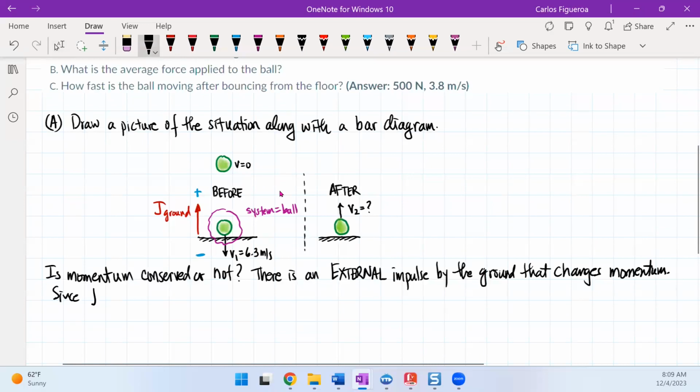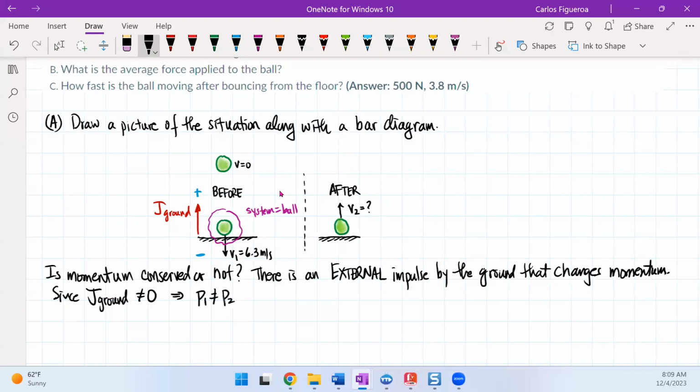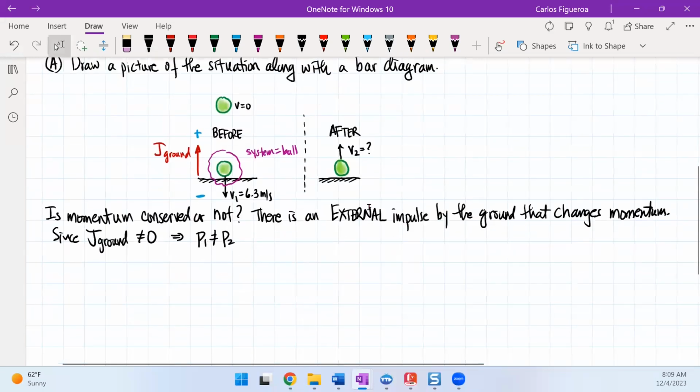Since J ground is not equal to 0, that immediately tells us the momentum before and afterwards are not the same. This changes momentum. So now if I start to look at my bar diagram, we could see here that momentum is not conserved.